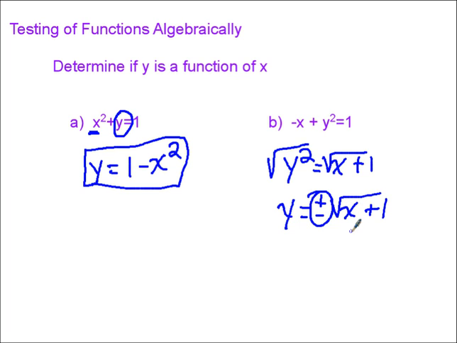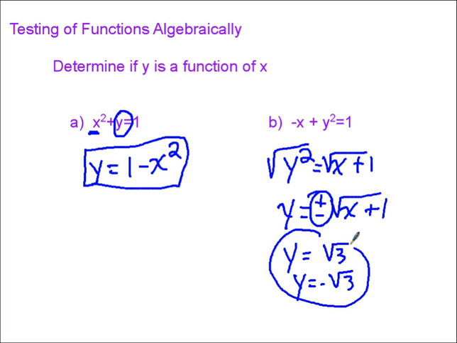If I plug in 2 for x, I would have y equals the square root of 3, and I would also have y equals the negative square root of 3. So I have 2 outputs for only one input, so I don't have a function. Anytime we come up with this plus or minus, we know we no longer are working with a function.